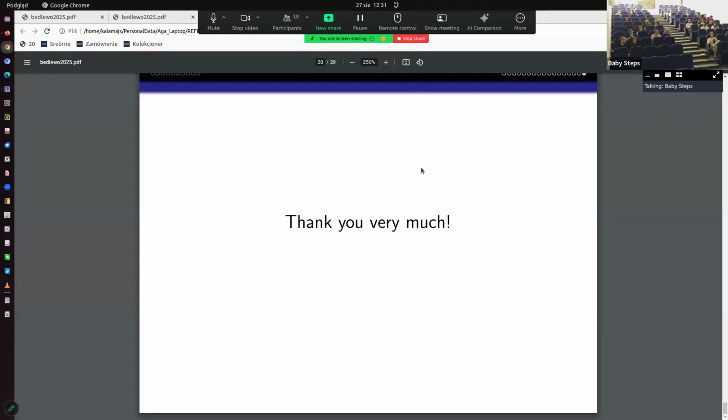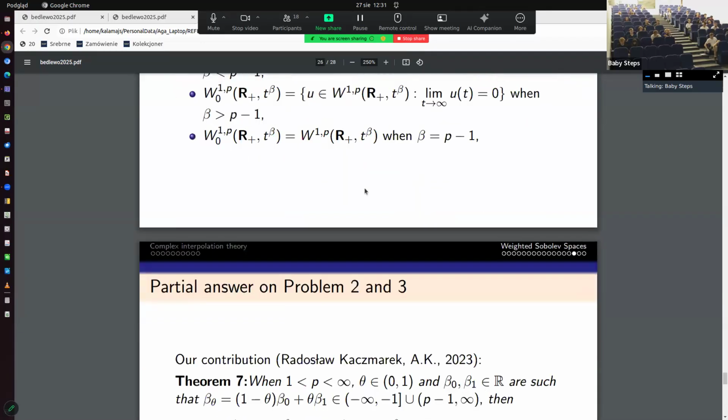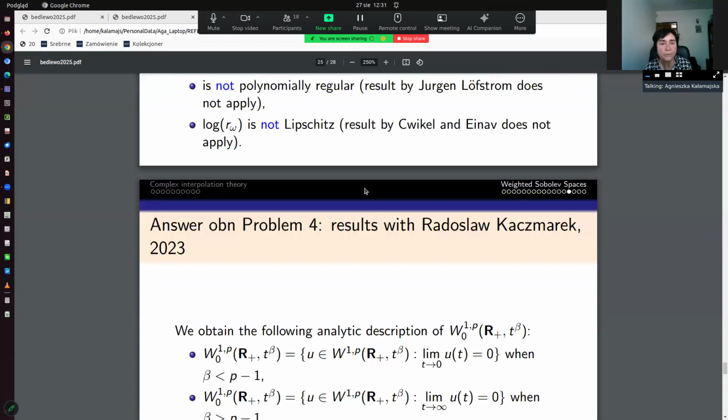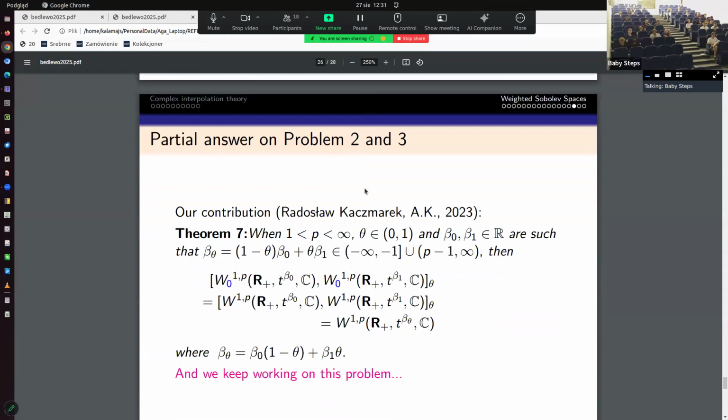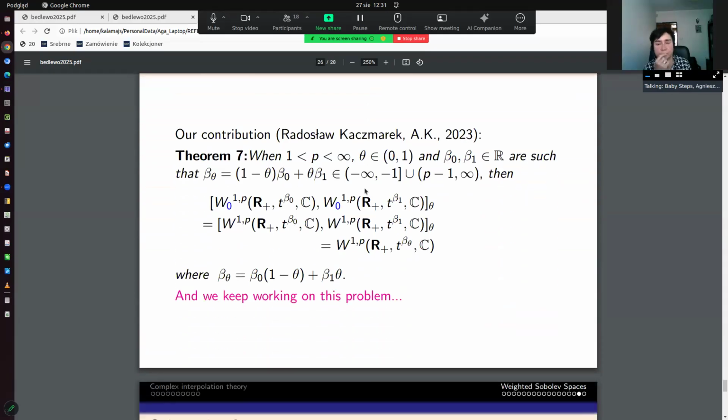Yes, if I could ask at least two questions. One is about notation. If you could go back to the slide with this result about interpolation. Which result about interpolation? Probably the last result. Yes, this one. So I'm a little bit confused by the notation. So now your function is defined on what? On a real line?